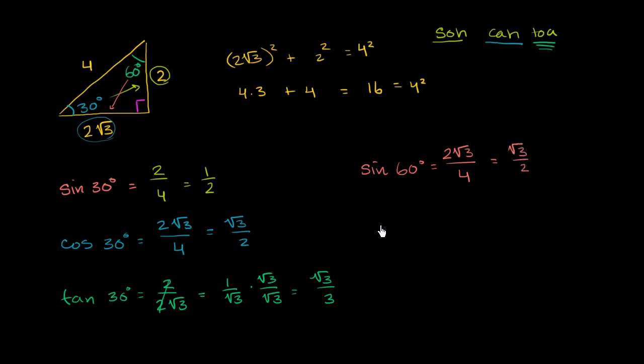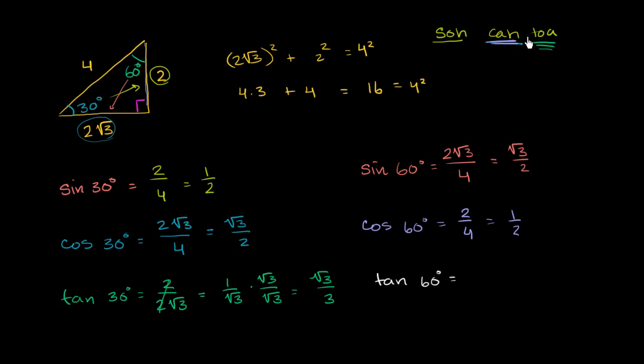What is the cosine of 60 degrees? Remember, SOHCAHTOA, cosine is adjacent over hypotenuse. Adjacent is the 2 side. It's right next to the 60-degree angle. So it's 2 over the hypotenuse, which is 4. So this is equal to 1/2. And then finally, what is the tangent of 60 degrees?